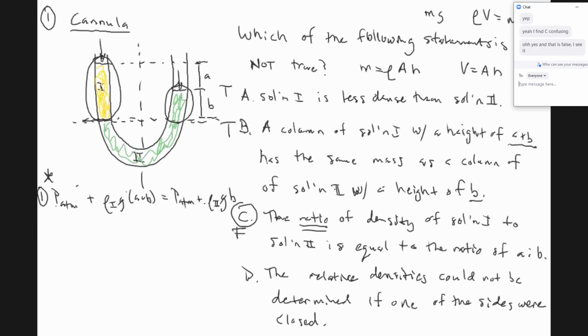So let's say I put a stopper here. So one of these sides were closed. So how does equation 1 change? What does equation 1 lose?